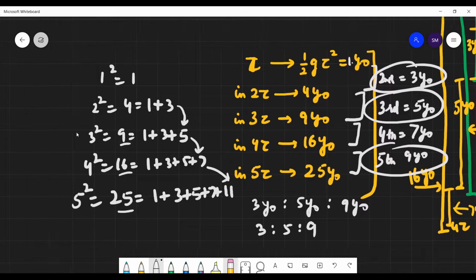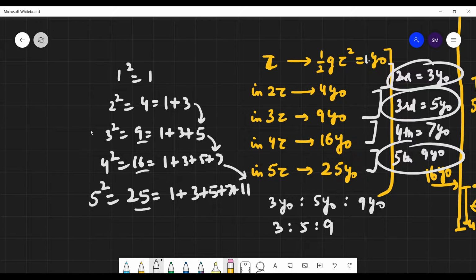So you understood the ratio. You can take tau as any particular time. It can be 2 seconds also. So tau can be any particular interval of time.